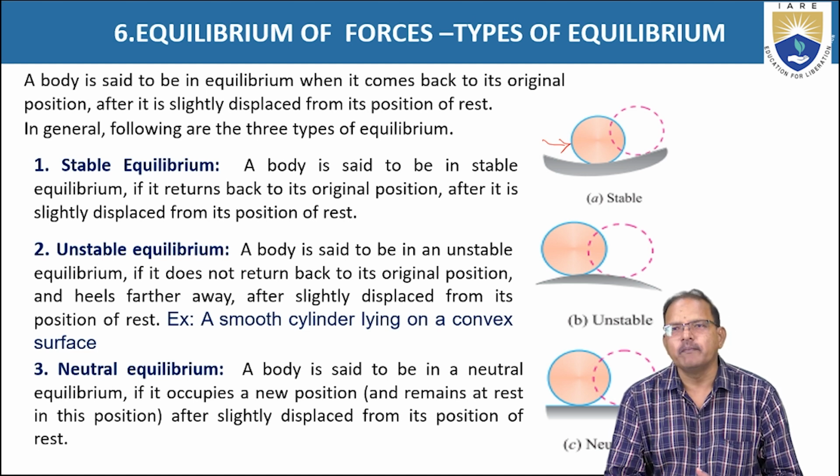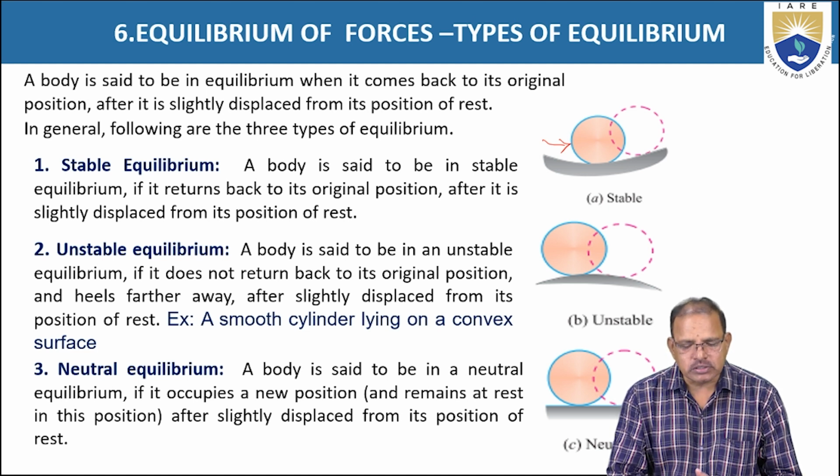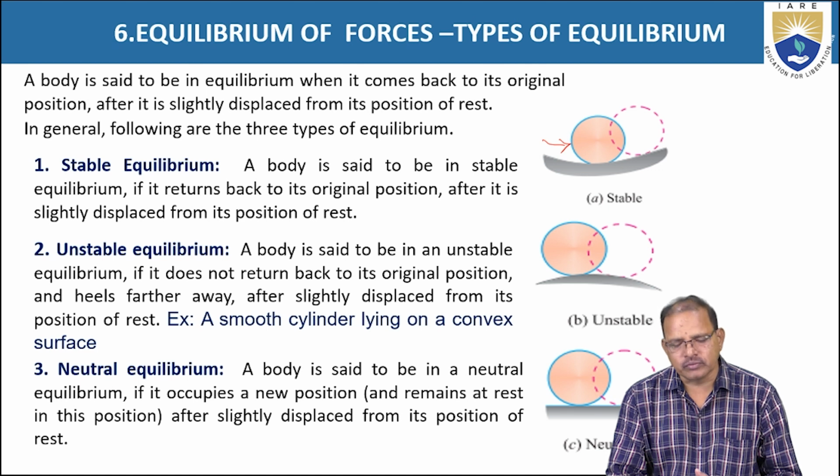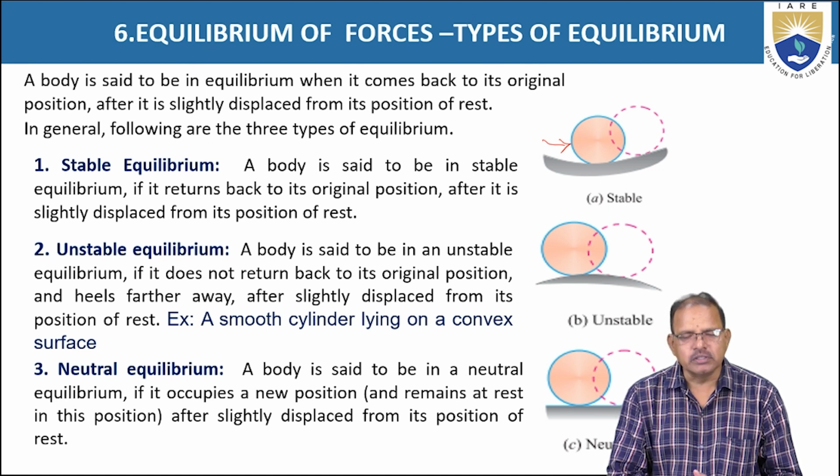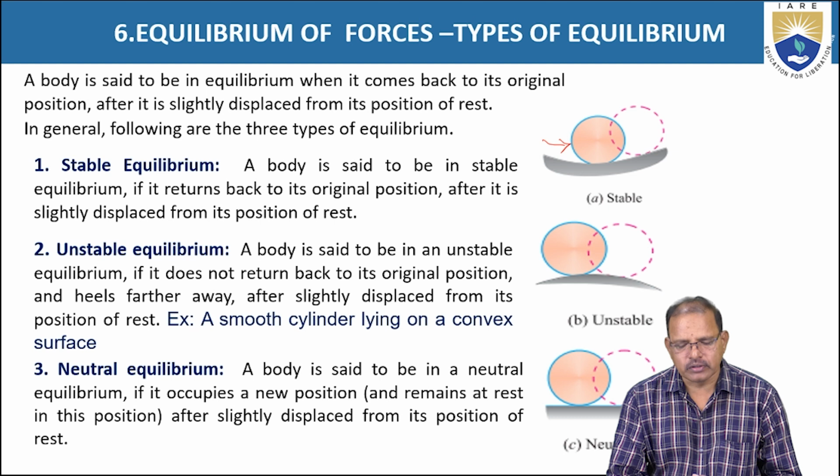It will not come back to its original position. This type of equilibrium is called unstable equilibrium. That is, a body is said to be in unstable equilibrium if it does not return back to its original position and moves further away after being slightly displaced from its position of rest.